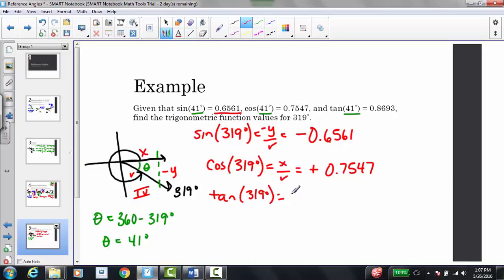Remember that tangent is y over x, and in quadrant 4, y is negative. So that's also going to give me a negative answer. So I have negative 0.0693.